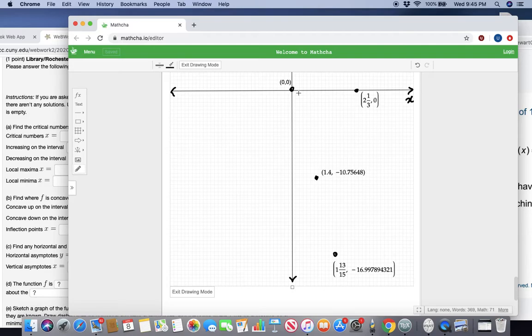Okay. Increasing before 0. I don't know where I start from. I start from below. And 0 was a local max. I am concave down, if you notice. And here I start becoming concave up. This was a local minimum, if you remember. Oops, my drawing is a bit off, guys.